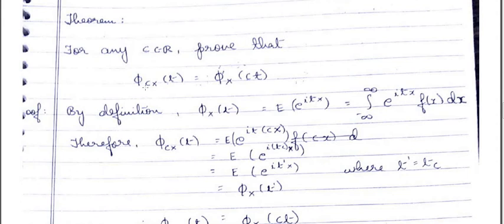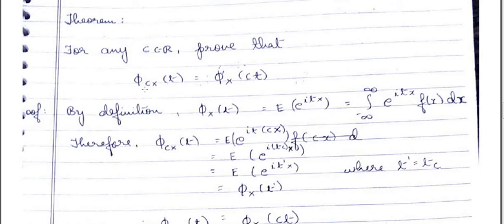So it is not necessary that the constant is given, t is a real value and x is a random variable. You can take y as a random variable, you can take z as a constant, you can take t as a variable. So by definition phi x at t is equal to the expected value of e raised to itx, that is nothing but the integral from minus infinity to plus infinity of e raised to itx f(x) dx.